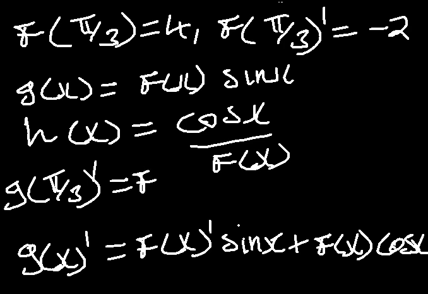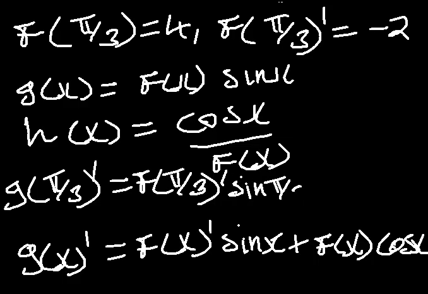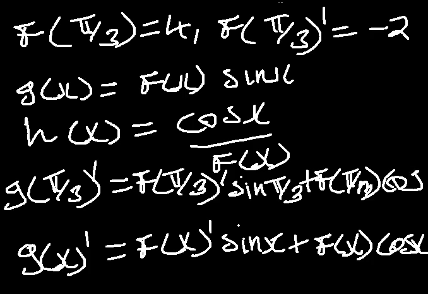So which means f prime of pi over 3 times sine pi over 3, plus f of pi over 3 times cos pi over 3. Then we'll have that.